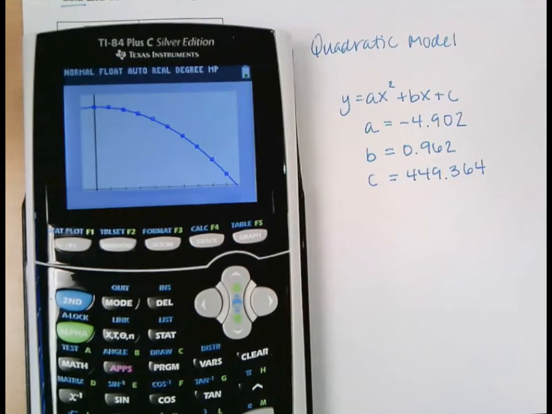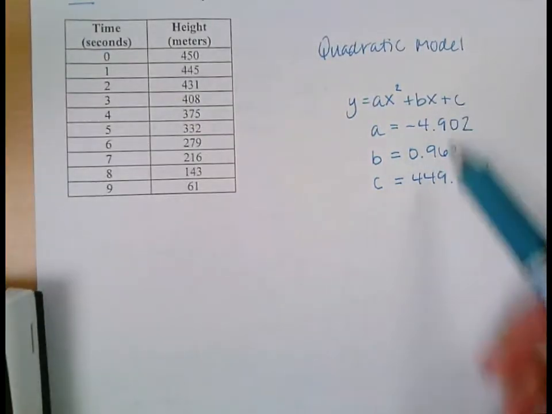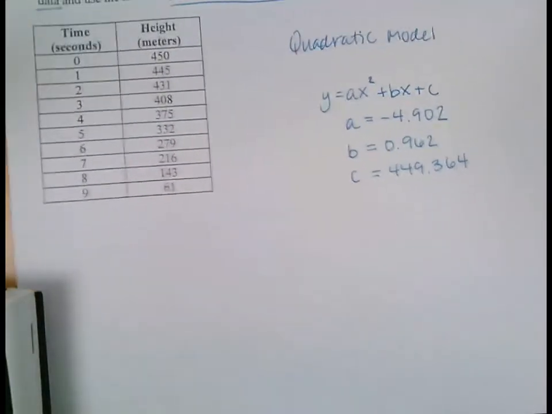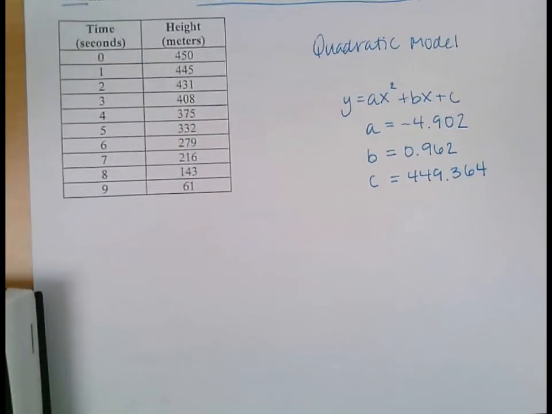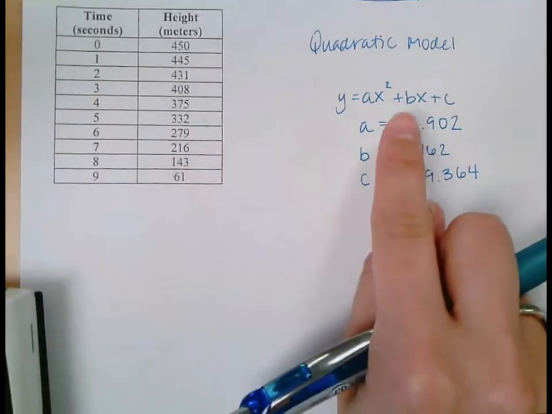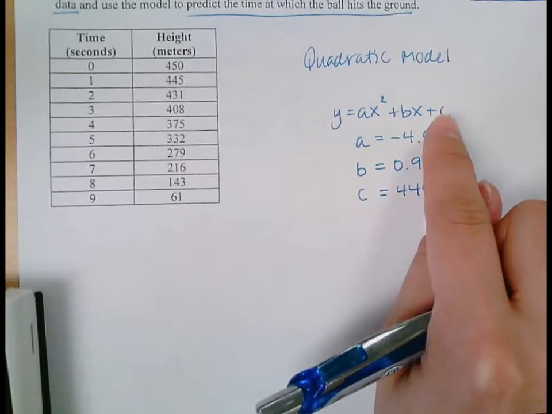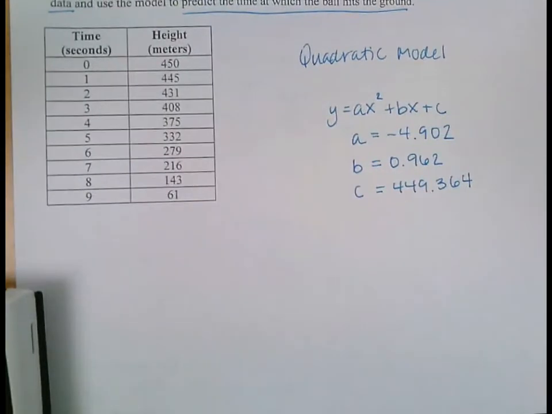So to get to how to answer this question, we have our model. The question is, predict the time at which the ball hits the ground. So let me write the equation out.